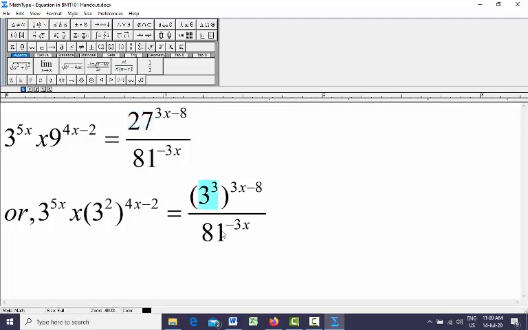Then again this one, 81, can be written as 3 power 4.